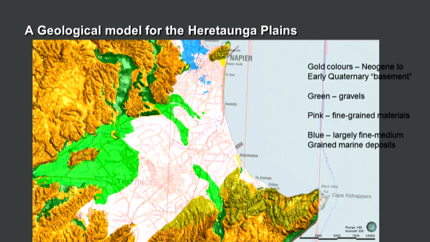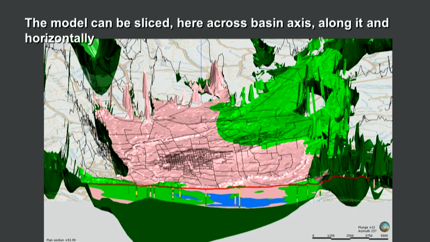Forget about the gold colours. They're what we would describe as the basement. Other than limestone, they're not going to hold a lot of water. And so here we can slice our model across the basin.